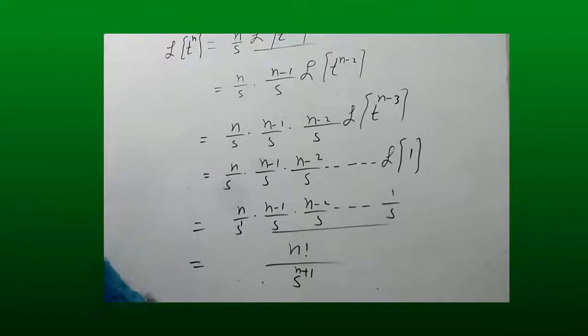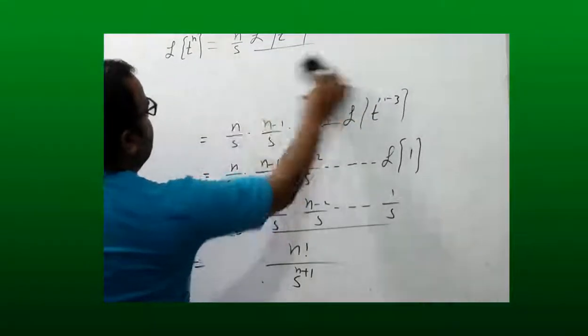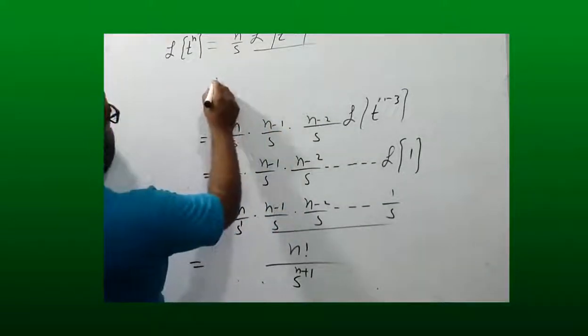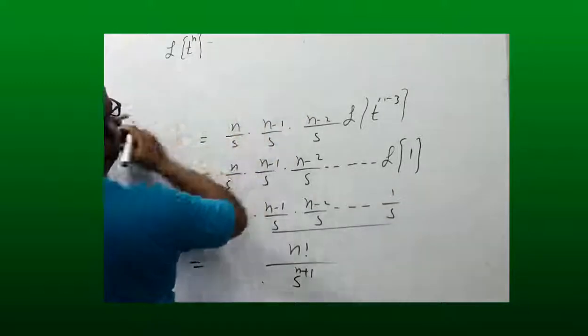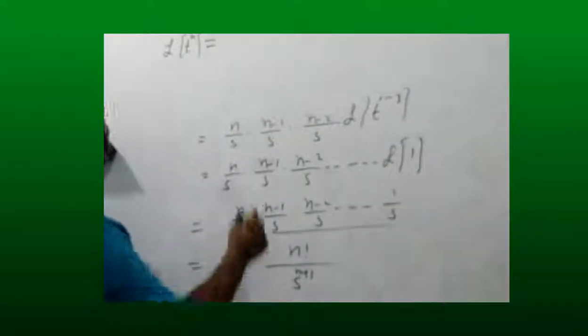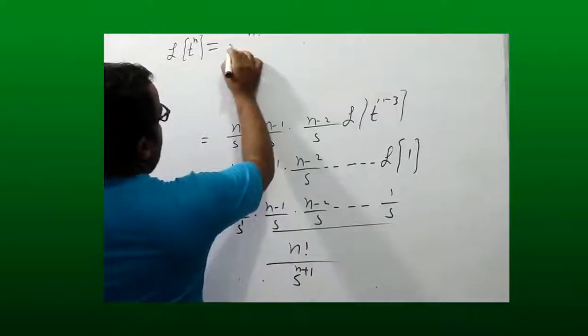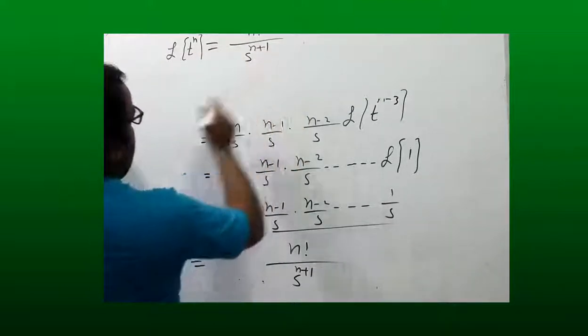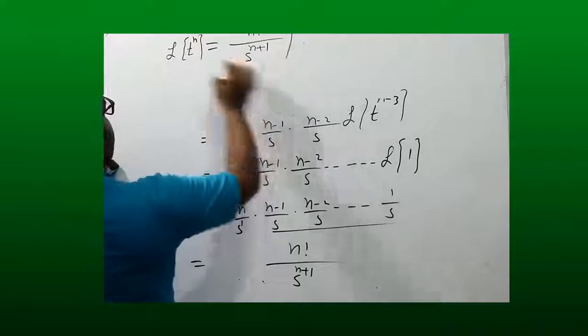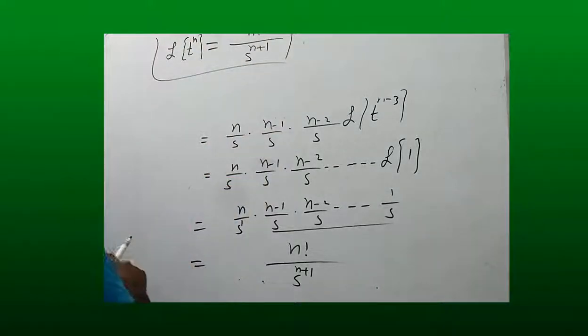So I can write Laplace of t raised to the power n is equal to n factorial over s raised to the power n plus 1. Thank you.